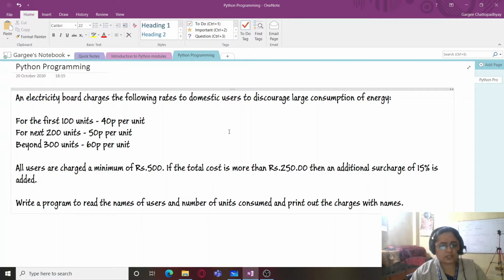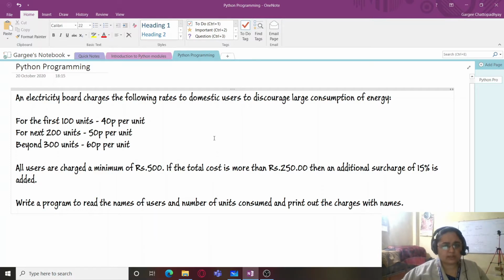All users are charged a minimum of rupees 500. If the total cost is more than rupees 250, then an additional surcharge of 15% is added. Write a program to read the names of users and number of units consumed and print out the charges with names.